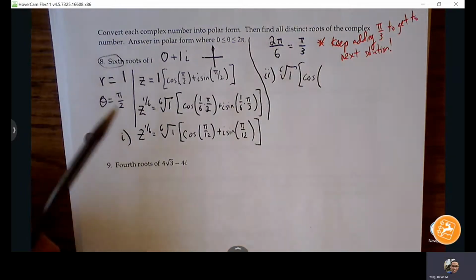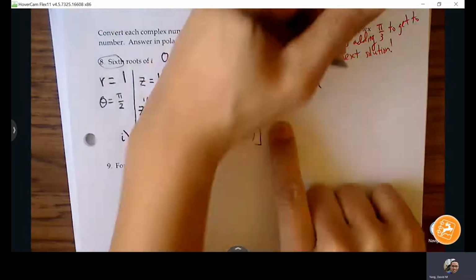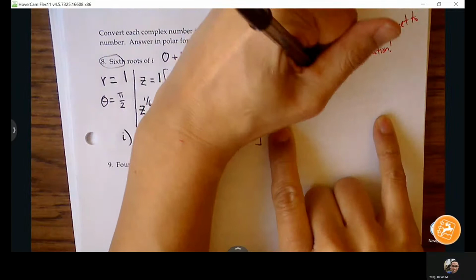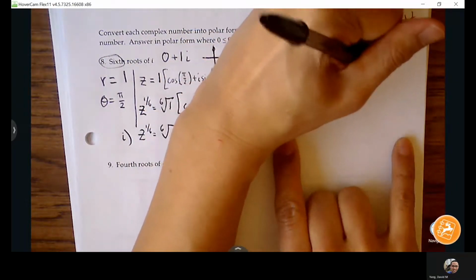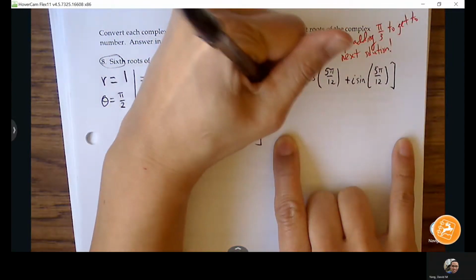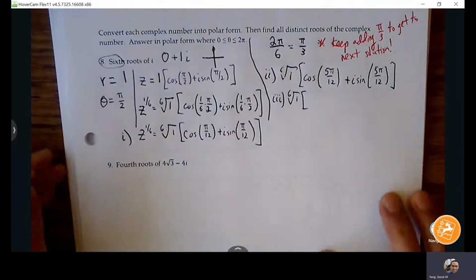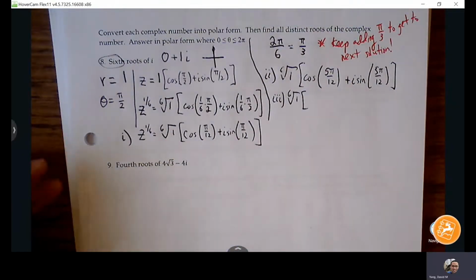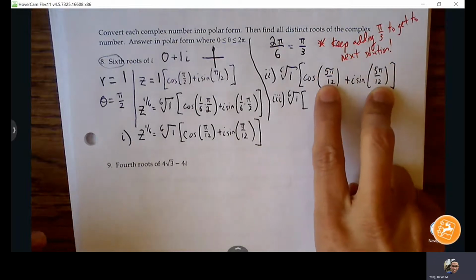So 1/3 plus 1/12 is going to be 5/12. Okay, it's tedious, I know, but it's not hard, right? As long as you can remember each of the steps, you're just now getting to all the solutions here.